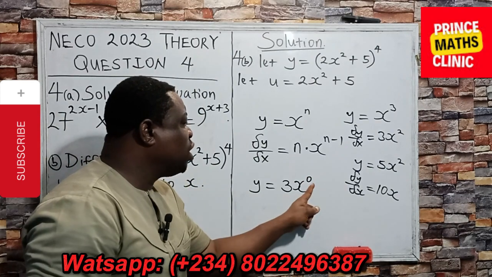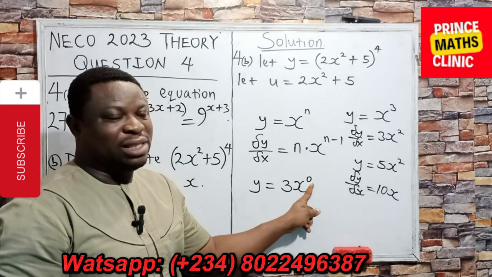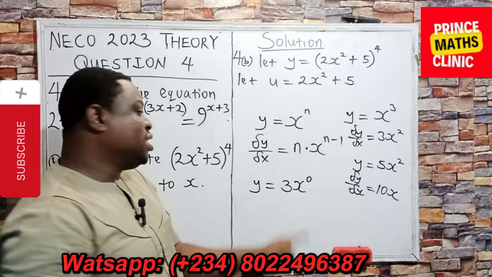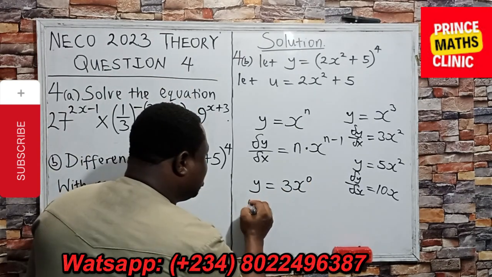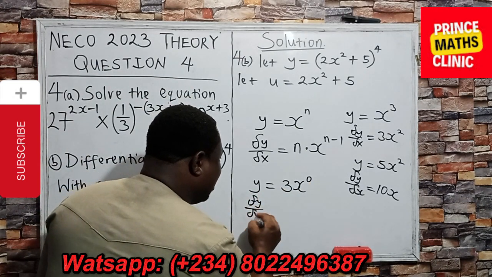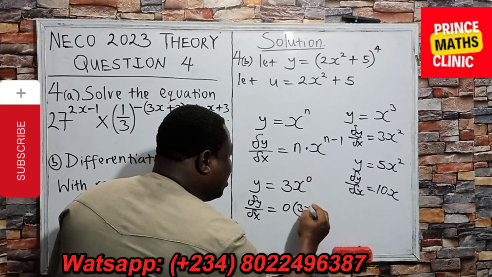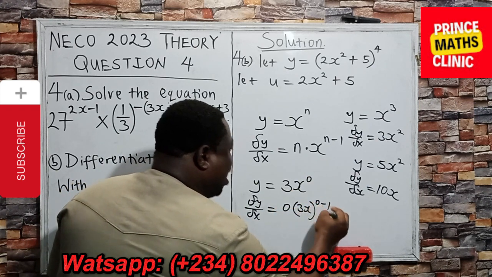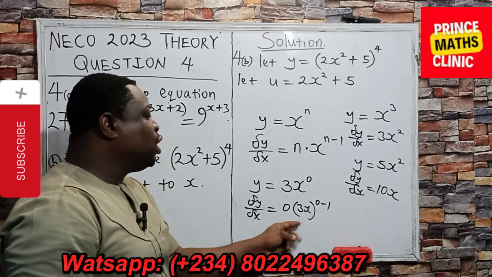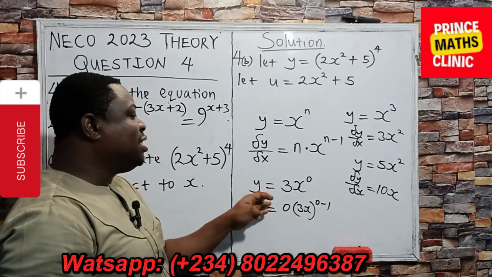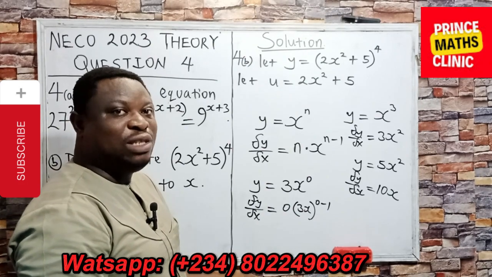Because we know that anything to the power of 0 is 1, and 1 times 3 is 3. So if you attempt to differentiate this using dy/dx, you are going to say 0 multiplied by 3x, then 0 minus 1. The fact that 0 is multiplying everything renders this 0 when you differentiate.